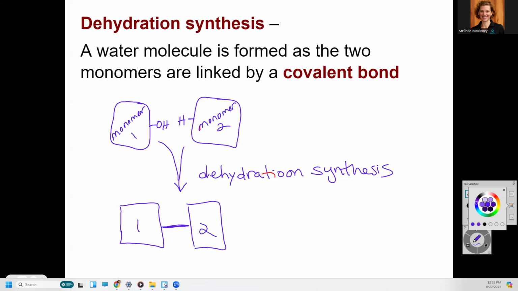And you have the formation of a water molecule. So HO. So you've got a covalent bond here that's formed as a result of this dehydration synthesis. And you've got the water that's formed.